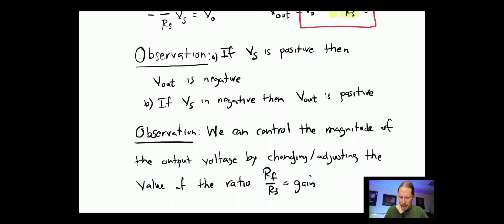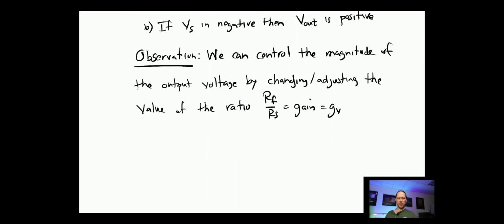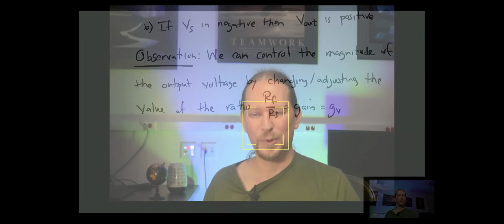This is also the voltage gain. We'll talk more about other op amps, but I think it's perfectly okay to leave it here. I think we covered more than I wanted.